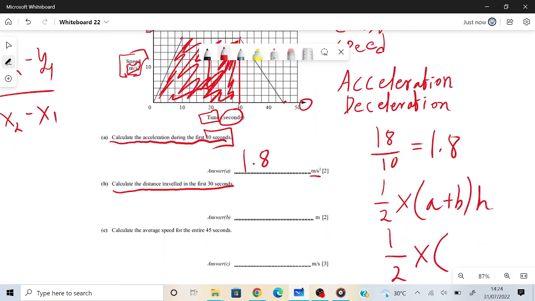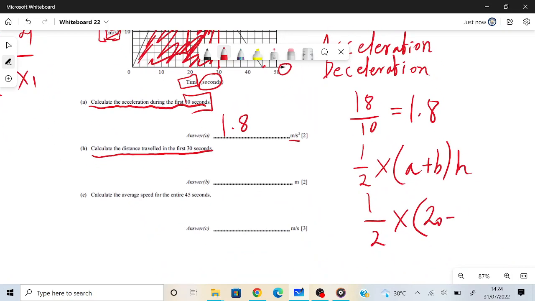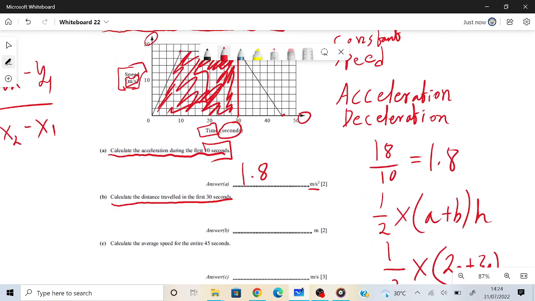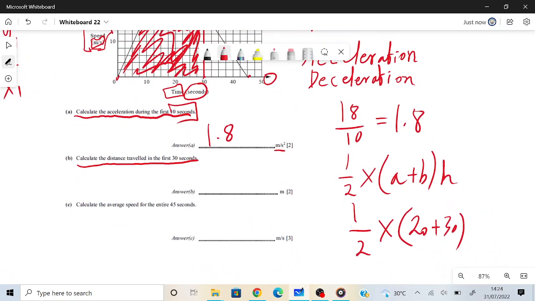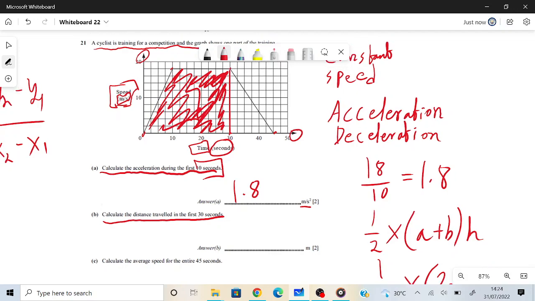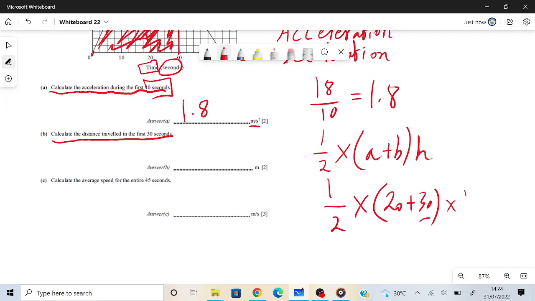Yep, 30 minus 10, 20, plus the bottom, from 0 to 30, that's 30, so plus 30, and times the height, which I believe was 18. Yep, it is 18.